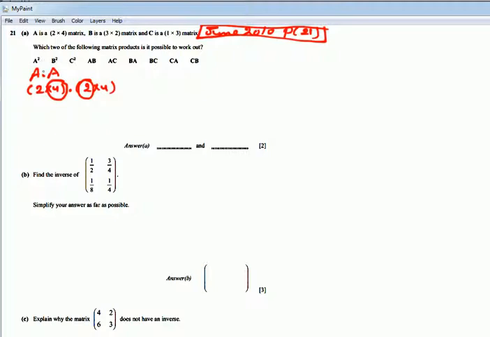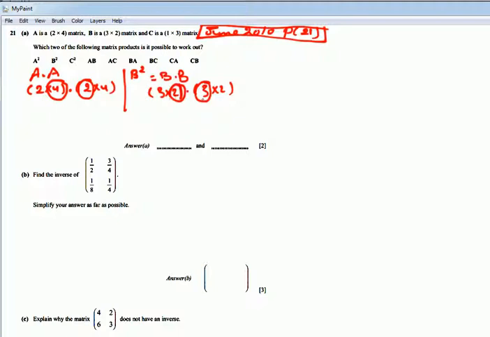Now B squared means B times B. Same, 3 by 2 times 3 by 2. Look at this number and this number. If they are the same, that means you can multiply these two matrices.